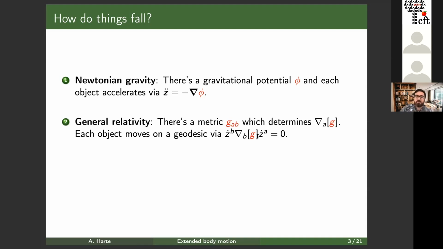The connection is determined by the metric, and the geodesic, of course, is determined by the metric as well. You have this kind of relation here. So you say that the object does not accelerate from the perspective of general relativity. And in some sense, this is actually simpler than what you have in Newtonian gravity, where you have to introduce an explicit non-zero acceleration.